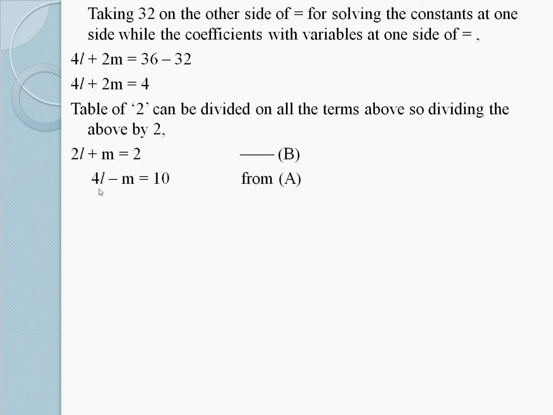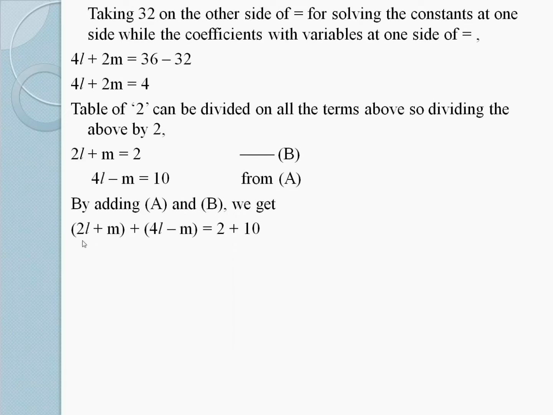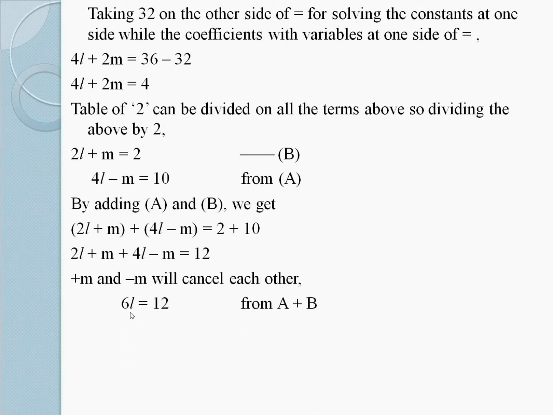B equation. 4l minus m equals 10 from A. By adding A and B, we get 2l plus m plus 4l minus m equal 2 plus 10. 2l plus m plus 4l minus m equals 12. m and minus m will cancel each other. 6l equals 12 from A plus B.